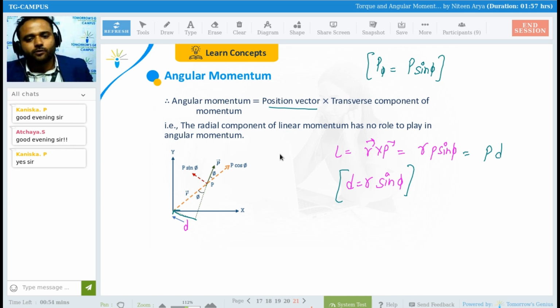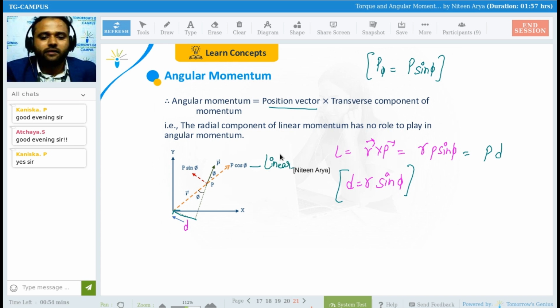The radial component of linear momentum has no role to play in angular momentum. The linear component is the cos term, and the transverse one is the sine term. Clear, everyone?